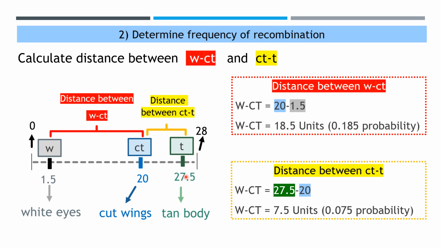So we subtract this value that is in green, and this one that is in blue. And we get this 0.075 probability. Okay, so first thing we draw the map, then we calculate the distance by subtracting the value. Now we're going to go to the third step.